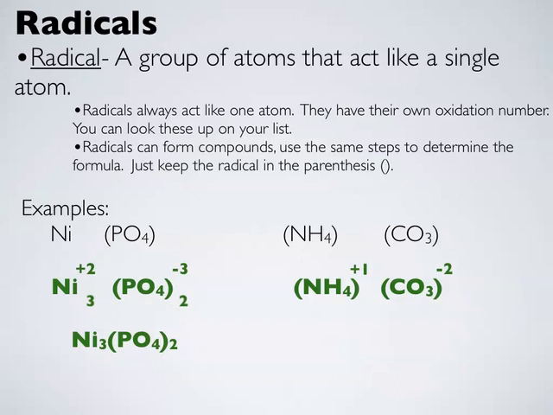Crisscross the oxidation numbers, and what do we get for our final answer? What is the formula for this compound? Linda? NH4, and then 2. Yep. And CO3, and then 1. Yes. We don't write the 1, but (NH4)2CO3. It's pretty simple, not too complex.